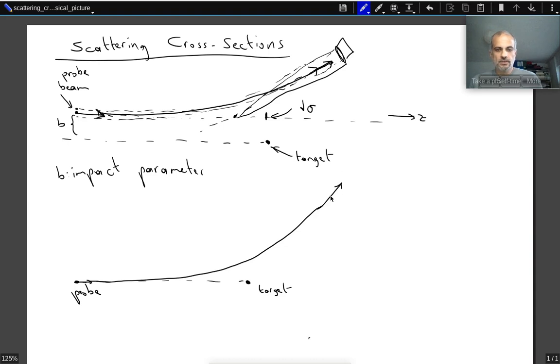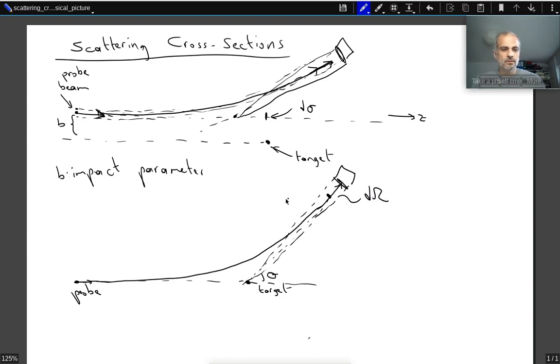When it is very far away, the velocity vector will pass through the target. In fact, since our detector is over here, this cone is described by a solid angle, let's call it omega.